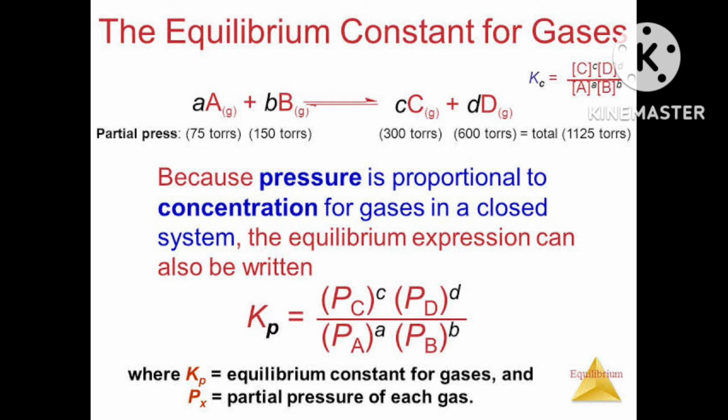Then the rate of reverse or backward reaction, RV, is proportional to the concentration of C into the concentration of D, because from C and D, A is getting formed.